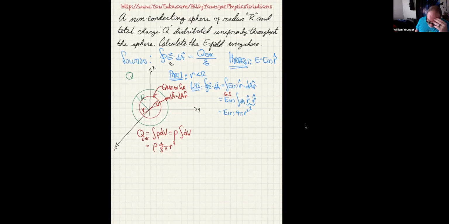But since it's uniformly distributed, we already know that rho is going to be equal to Q over 4/3 pi R cubed. So we know that's what the constant rho is, and I can plug that in.